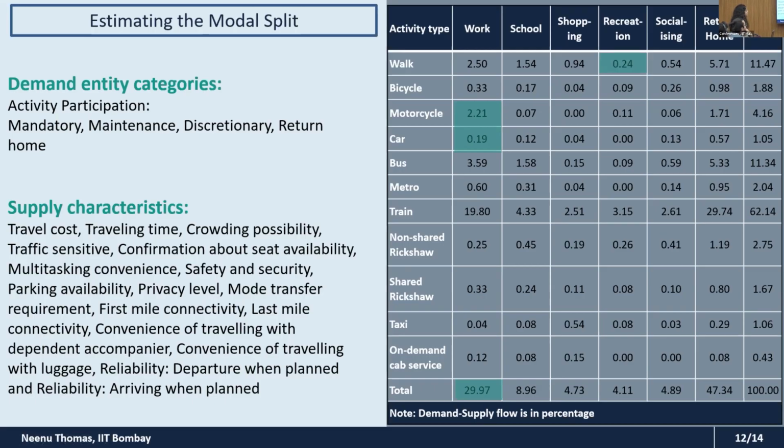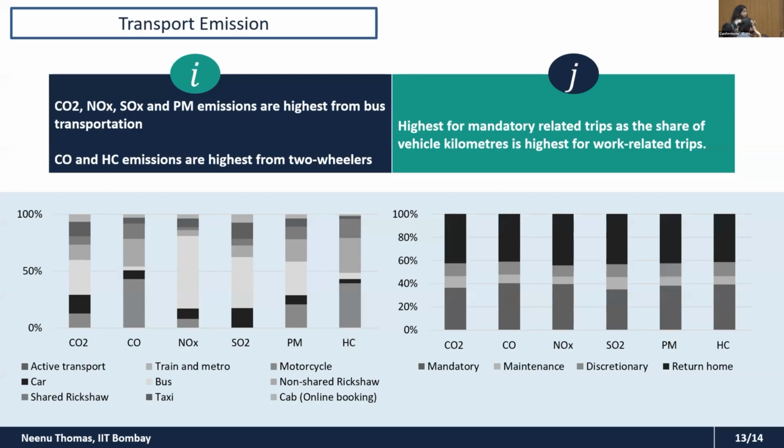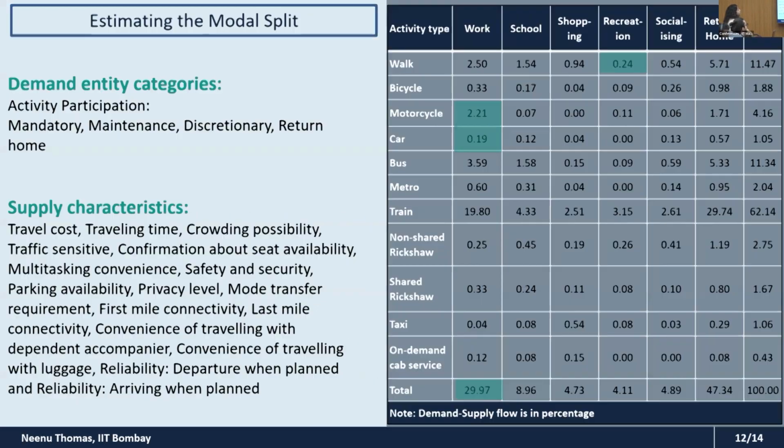Now we can see the total mode split is highest for work trips, and among them the private vehicle has a higher share, and similarly for recreational trips, walking has a higher share.